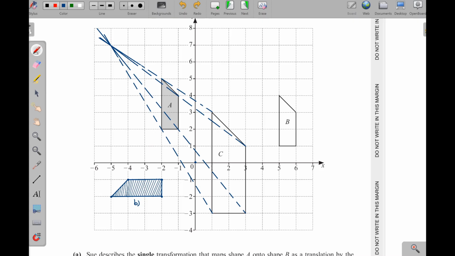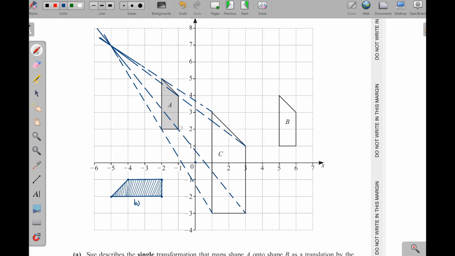Okay? And if the scale factor of enlargement is a whole number, then the image is going to be bigger than the object. You can see this one is bigger than this. Scale factor is positive 2. So if the image is smaller than the object, suppose this was the object and this is the image, then the scale factor of enlargement is what? A fraction.